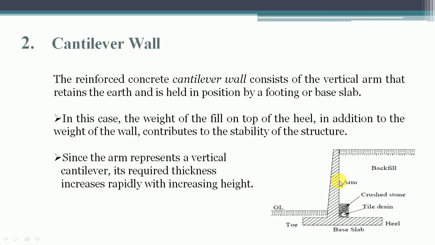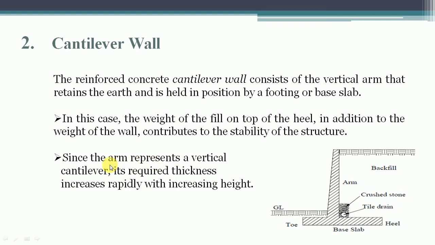A cantilever wall can be made from an internal stem of steel reinforced cast-in-place concrete or mortared masonry, often in the shape of an inverted T. In this case, the weight of the soil on top of the heel, in addition to the weight of the wall, contributes to the stability of the structure.